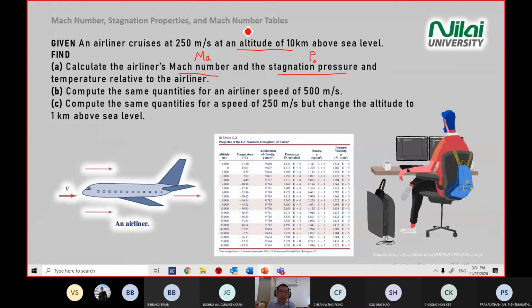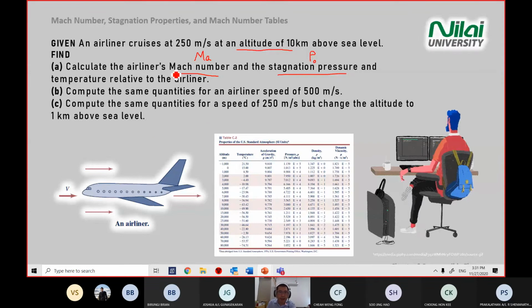I repeat, when you need to use table C.2, either in exam or when you go to work later on, is when you see the word altitude, you need to find in that particular location what is the temperature, what is the gravitational force, what is your g, what is the pressure at that particular point, what is the viscosity, what is the density.